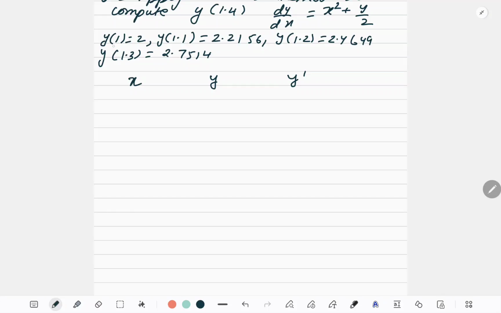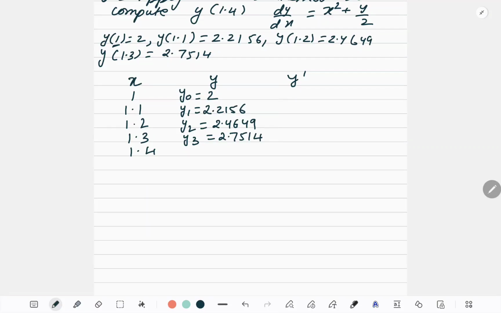The x values, starting from here: 1, 1.1, 1.2, 1.3 and 1.4. The y values: y0 is equal to 2, y1 is equal to 2.2156, y2 is equal to 2.4649, y3 is equal to 2.7514.